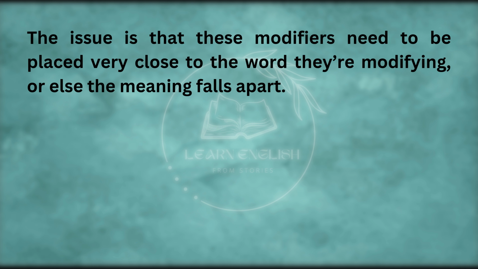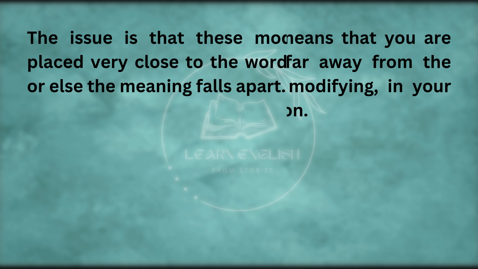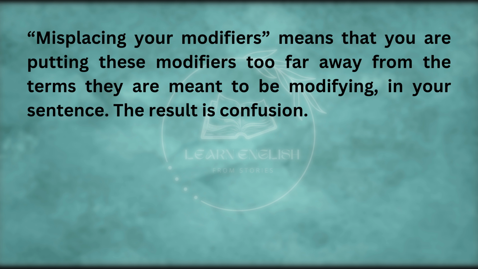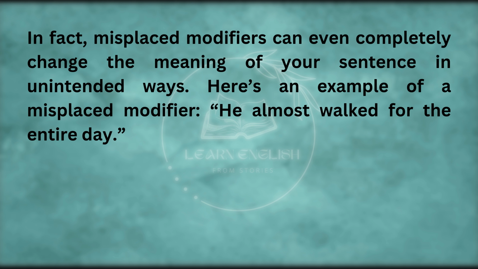The issue is that these modifiers need to be placed very close to the word they're modifying, or else the meaning falls apart. Misplacing your modifiers means that you are putting these modifiers too far away from the terms they are meant to be modifying in your sentence. The result is confusion. In fact, misplaced modifiers can even completely change the meaning of your sentence in unintended ways.